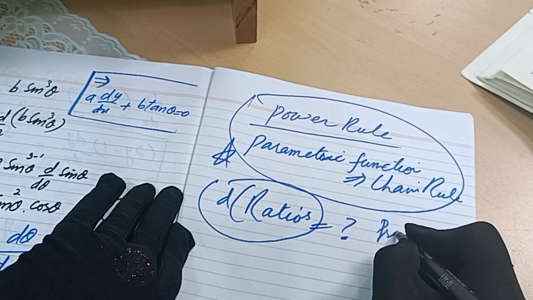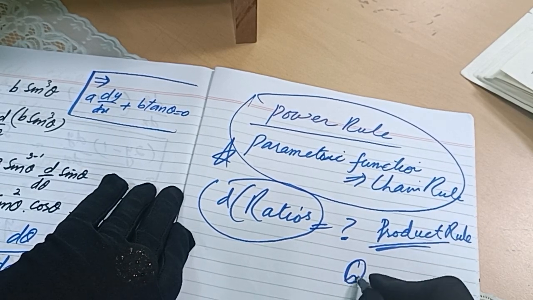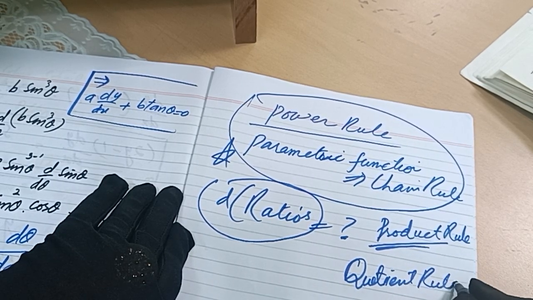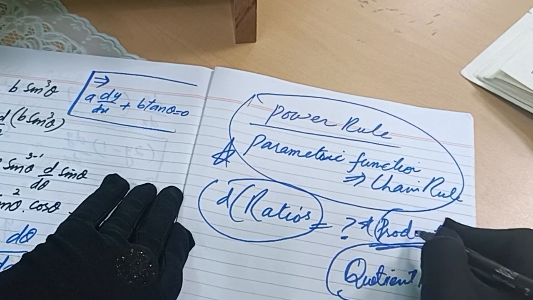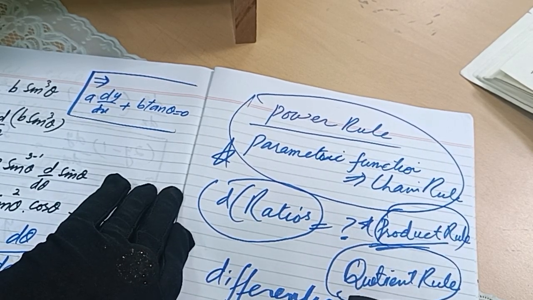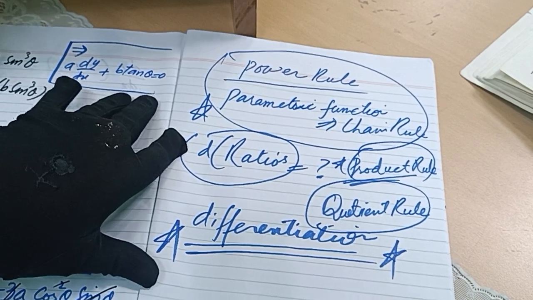Then the product rule and the quotient rule. If you are keeping these things in mind properly, then your differentiation will be perfectly done.